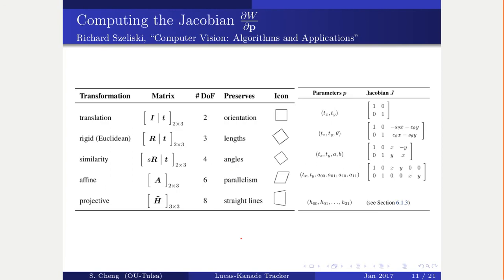This is what we just computed: the Jacobian del W del P for the translation transform. So we can essentially do the same thing and compute the Jacobian for different transforms, for example for the rigid transform it will be equal to that, the similarity transform that, and so on. I leave it to you; it's a very simple exercise if you want to try it.